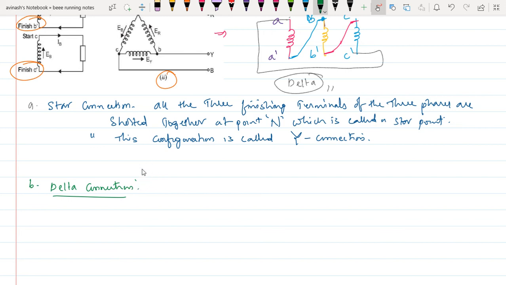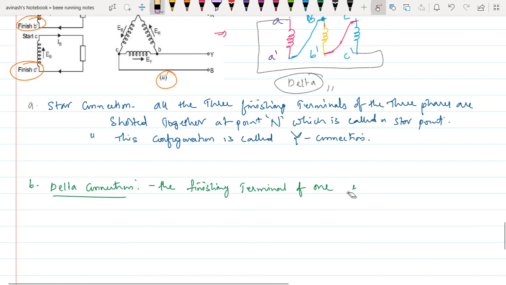In delta connection, the finishing terminal of one phase is connected to the starting terminal of the next phase.